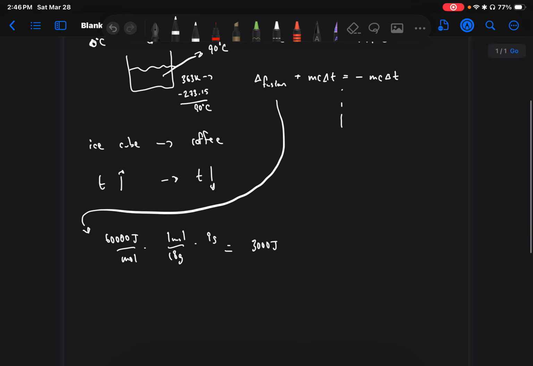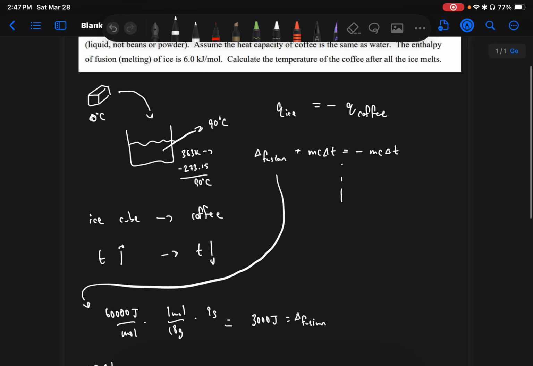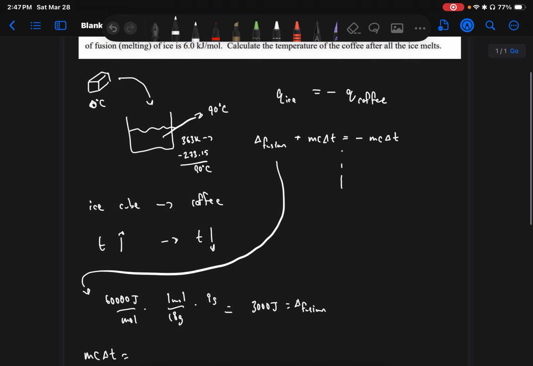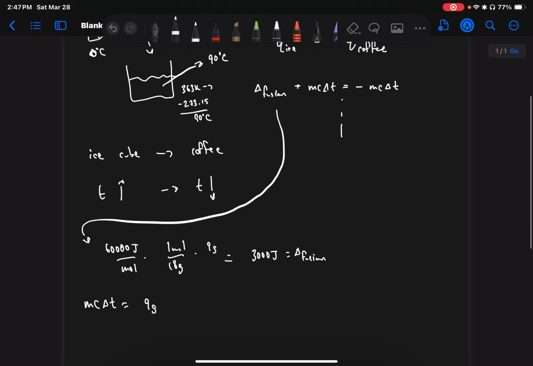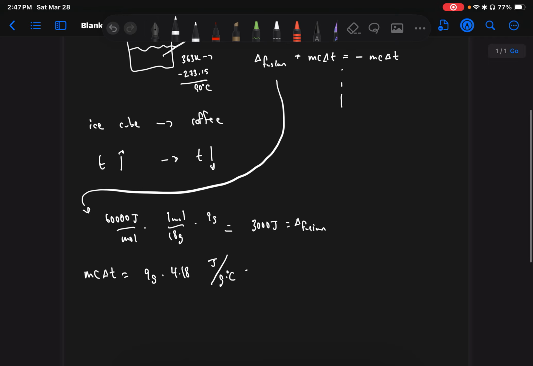Now we need to figure out mc change in temperature. Because we're looking at the water or the ice right now, that would be, what's mass? 9 grams multiplied by specific heat, 4.18 joules per gram degrees Celsius, times the change in temperature.